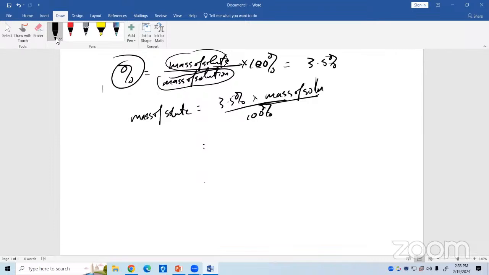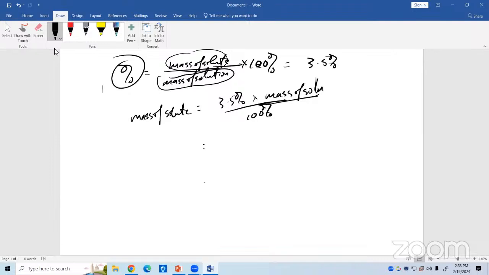To get the mass of the solution, this one is interesting because we need the mass of the solution.